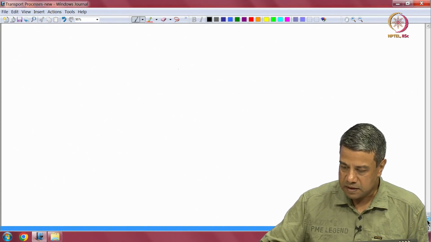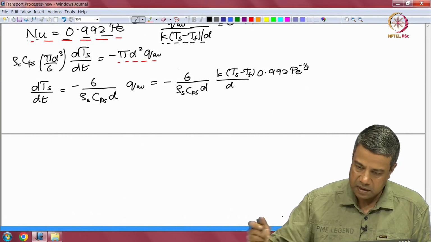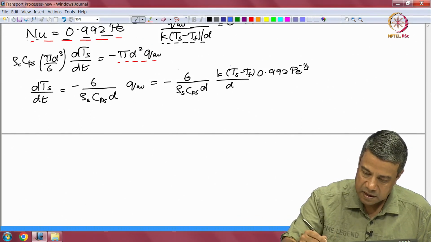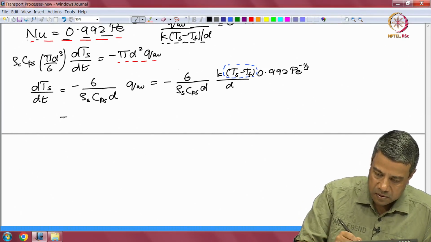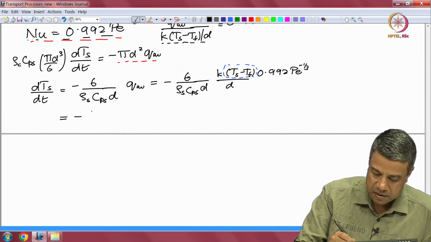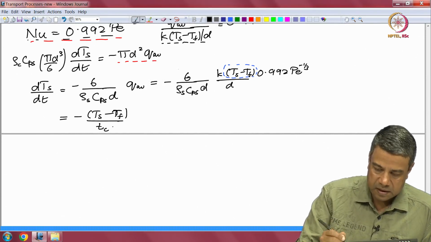So, that is the rate of change of the temperature of the sphere. Note that on the right side I have Ts minus Tf, and Tf is a constant. So, I can include all of the other factors in a time constant, the characteristic time.